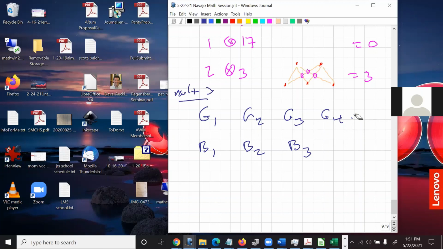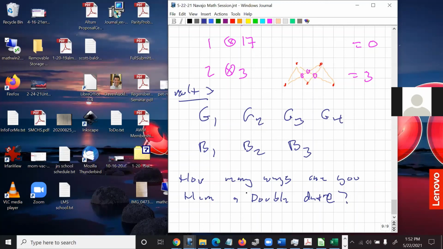How many ways can you have a double date? In other words, 2 boys and 2 girls. I'll put quote double date, but you know, I'm not going to pair off.